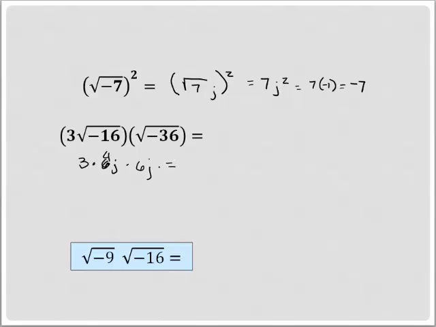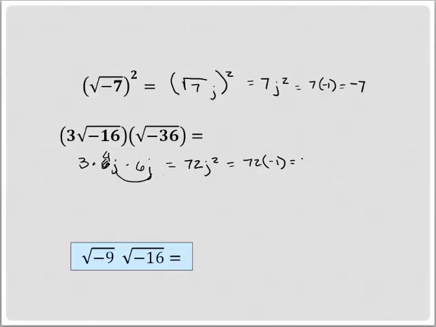So what we have is 3 times 4 times 6. That should give us 72. And we add the j's. We've got 2 of them. J squared. Now what was j squared equal to? Negative 1.